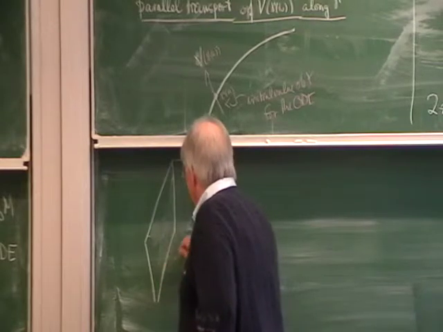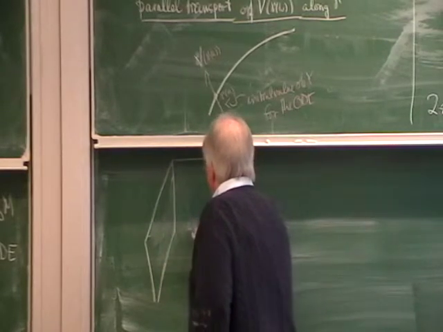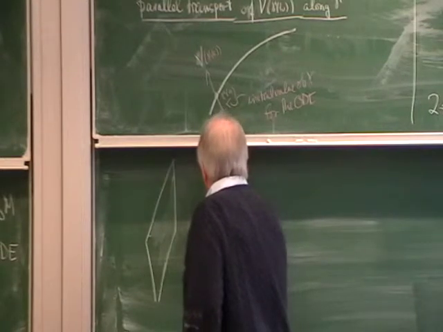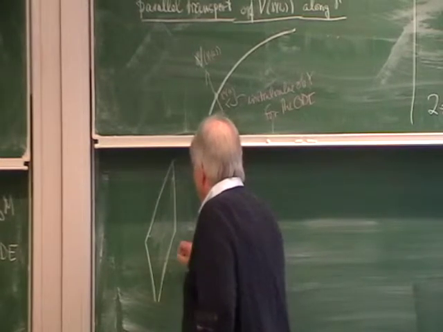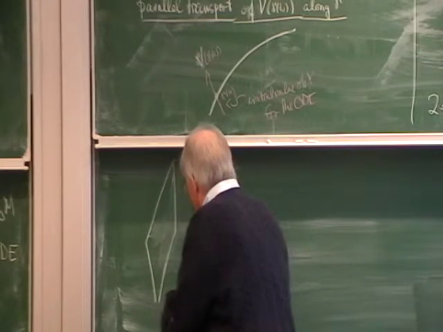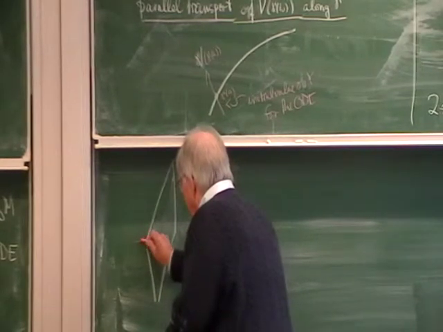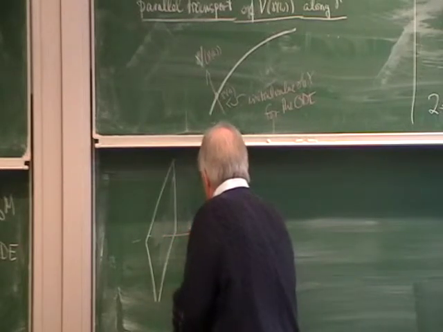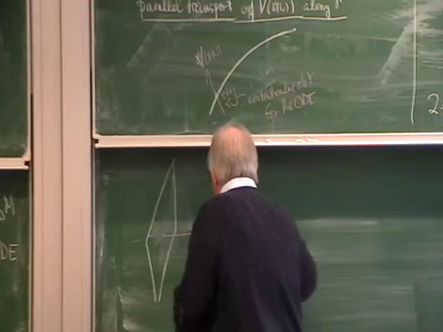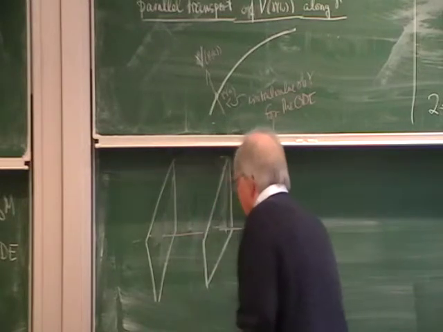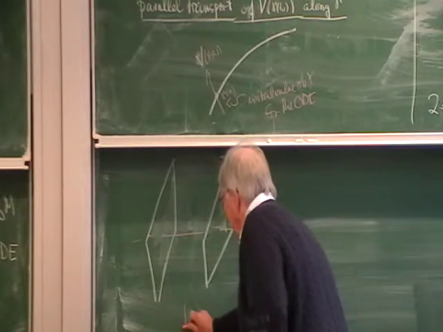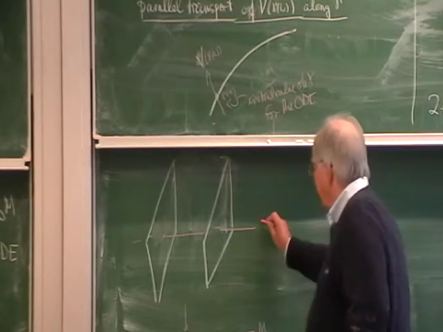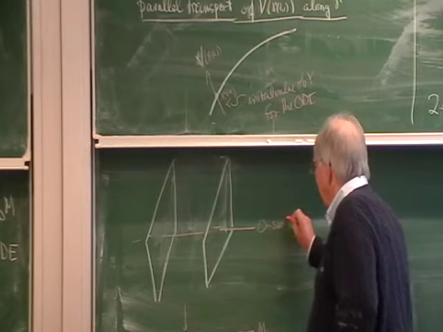Okay, so there's the tangent space. There's the tangent space of the point. Here are the tangents. Now the color helps, doesn't it? So here we go with the zero section, M, and this is the zero section of the tangent bundle.